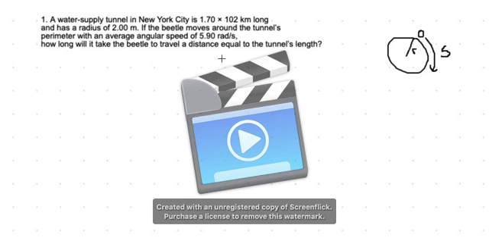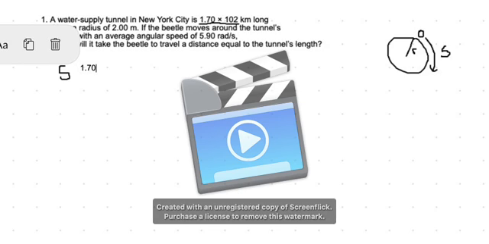Again, let's write down our variables by looking at the problem. We've got our S, which is the distance that the beetle moves along the perimeter of the tunnel, and it is equal to the distance of the tunnel. So 1.70 times 10 to the power of 2 kilometers.